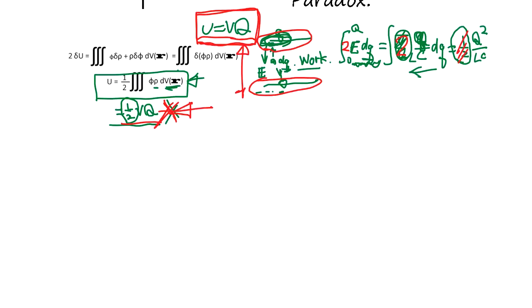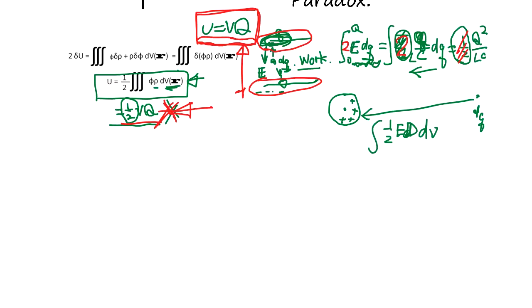In the previous video we did this isolated sphere and moved dq from far away to this conductor to charge it up, and then it's going to be 2E d volume integral.